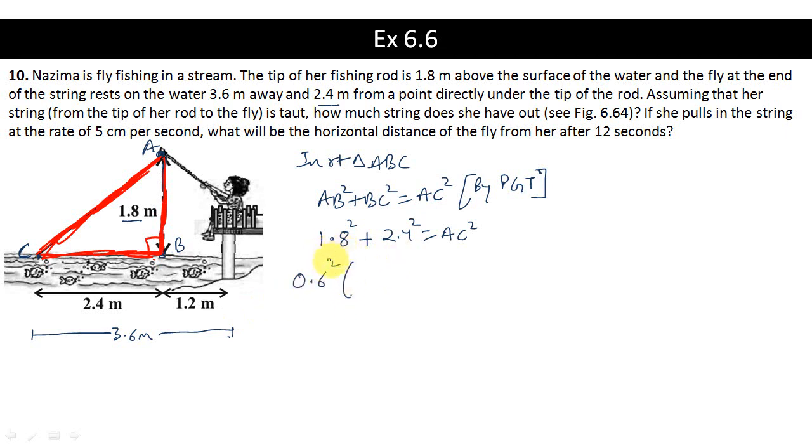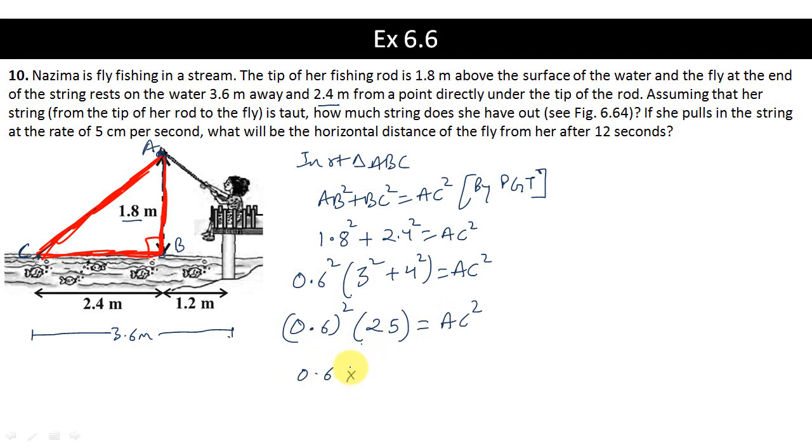So if I take out 0.6 square as common from 1.8 square, I'll be left with 3 square, because 0.6 multiplied by 3 is 1.8. And 2.4 square is 4 square. This will be equal to AC square. So this is 0.6 square and 3 square plus 4 square. 3 square is 9, 4 square is 16, 9 plus 16 is 25 is equal to AC square.